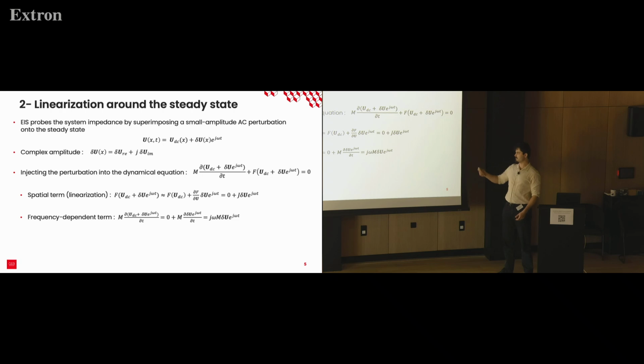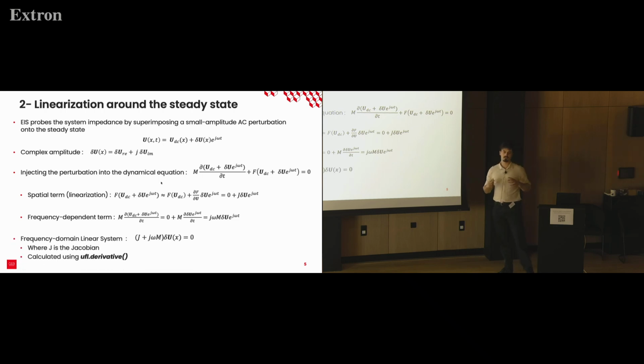The first term, the spatial term, with J the Jacobian of the system, and the second term, the frequency-dependent term, with still M, the mass matrix. What we obtain is a frequency domain linear system, which is easier and quicker to solve than the time-dependent domain. Again, J is the Jacobian, and you calculate it using the UFL derivative.